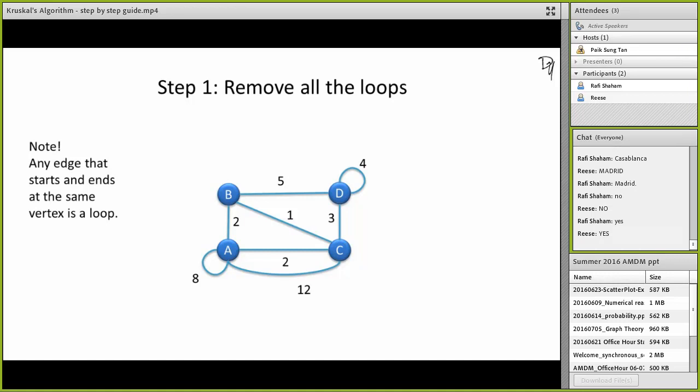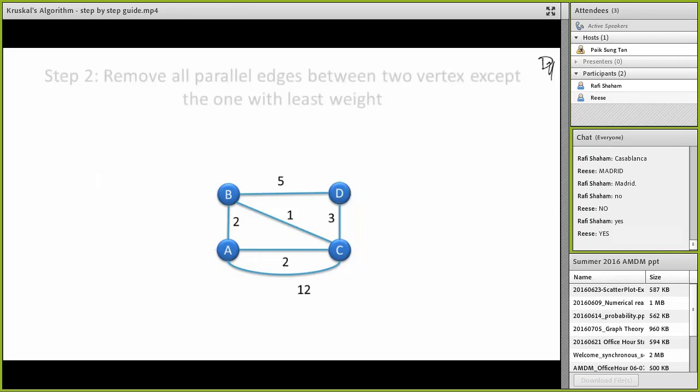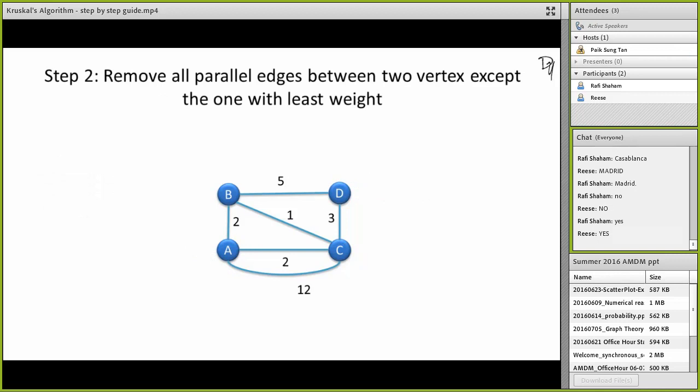So to get to the minimum spanning tree, first remove all the loops. Any edge that starts and ends at the same vertex is a loop. Okay? Okay, the loop is gone.